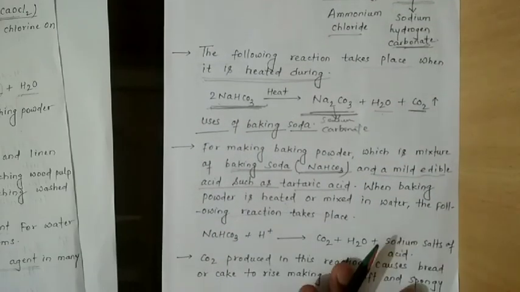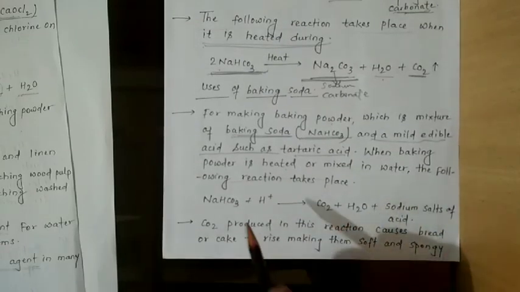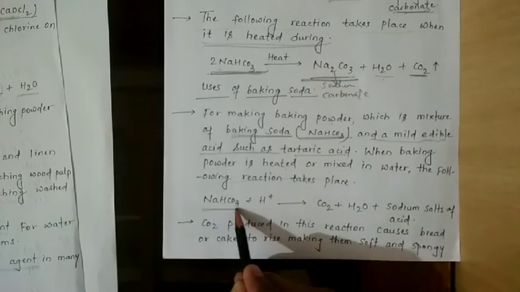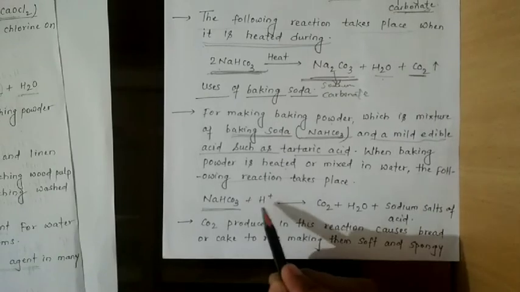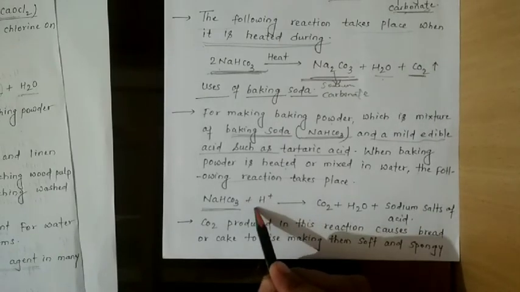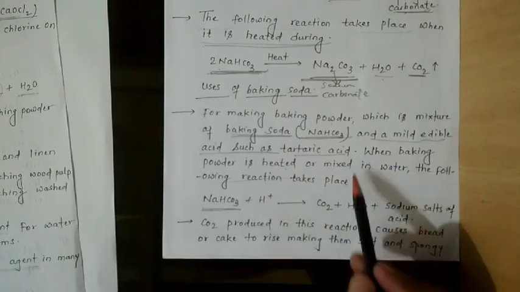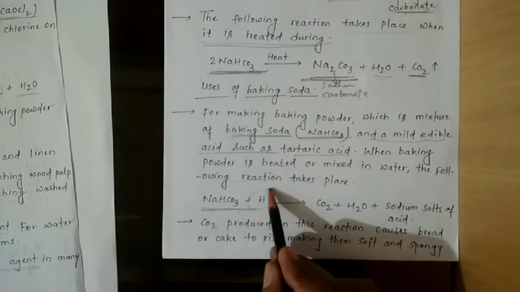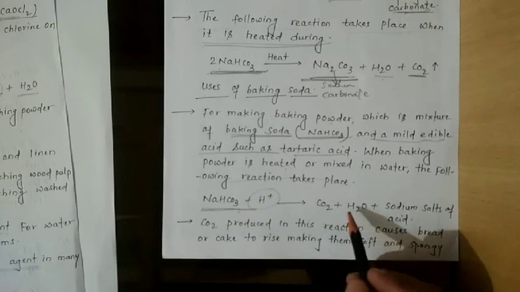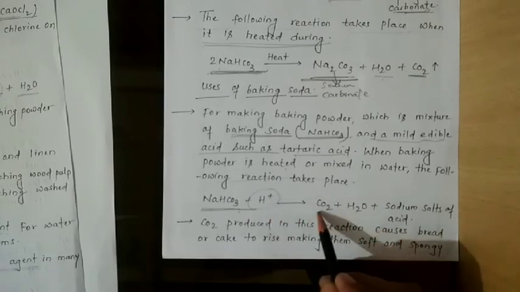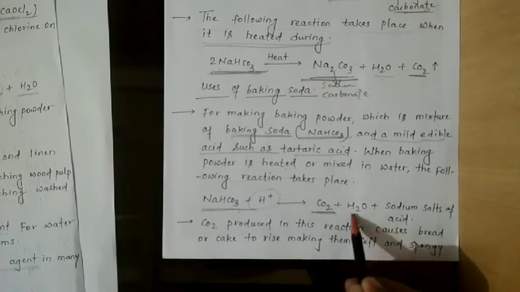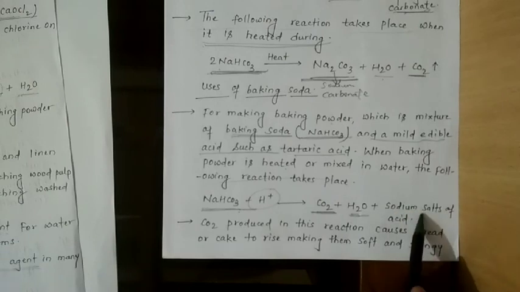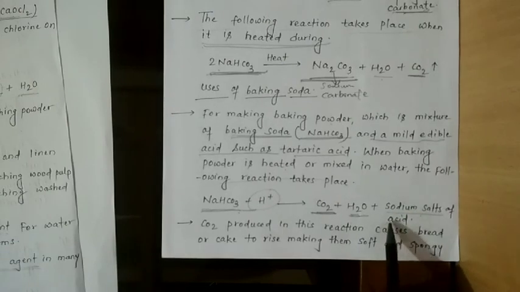Here NaHCO3, that is sodium hydrogen carbonate, reacts with H plus ions when mixed with water. It produces CO2, H2O and sodium salts of acids.